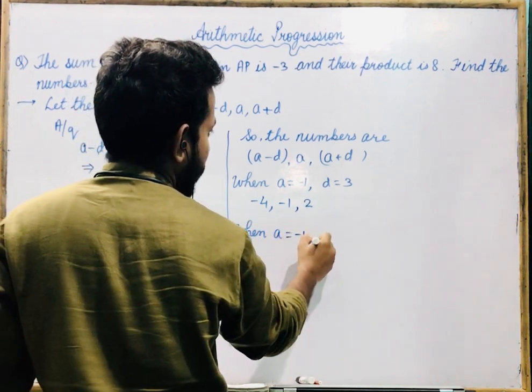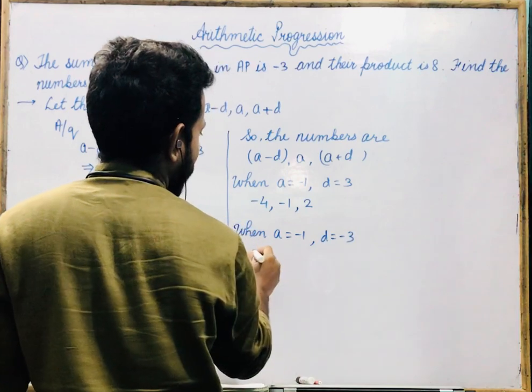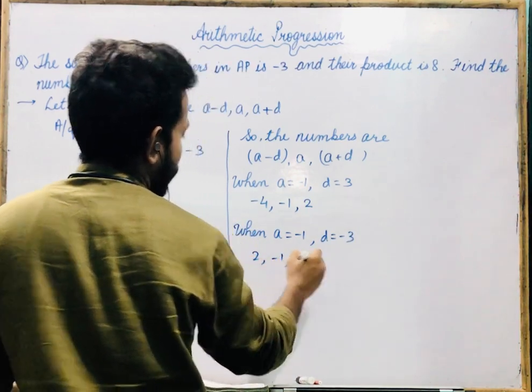When A equals -1 and D equals -3, it will be opposite: 2, -1, -4.